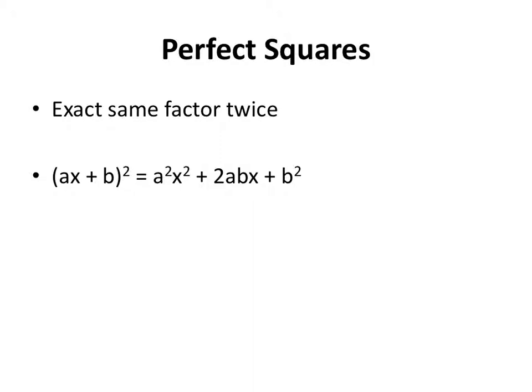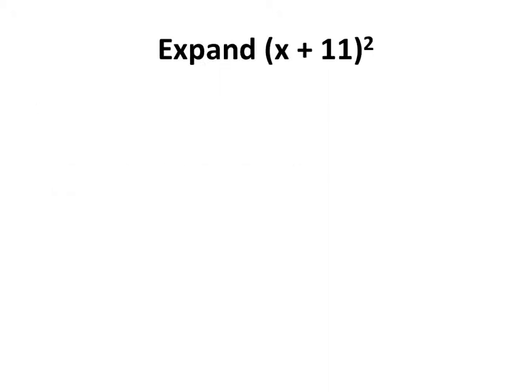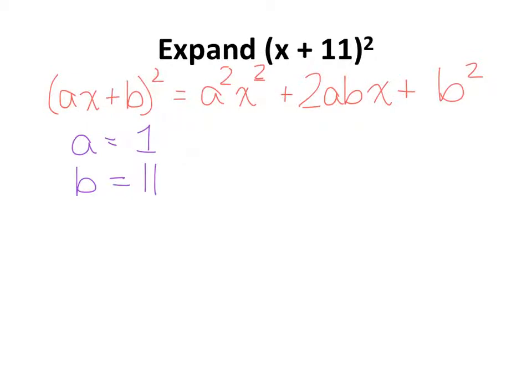This pattern becomes a little bit easier to use once we see it in action. If we are asked to expand x adding 11 all squared, the first job is to connect this to our pattern. In this case, when we look at our expansion, there is 1x, so we're going to say that a is equal to 1.